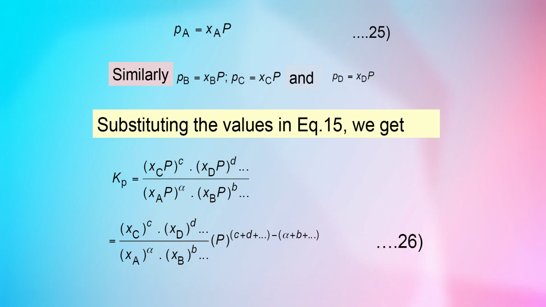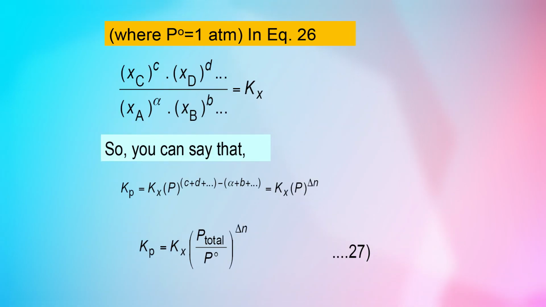So, in this equation 26, where P is not equal to 1 atmosphere, it will become Kx. If you put 1 instead of P, that is at 1 atmosphere, then it will become nothing else but Kx. So, Kp equal to Kx into P total by P naught to the power delta N. That is the equation 27, the relation between Kp and Kx.